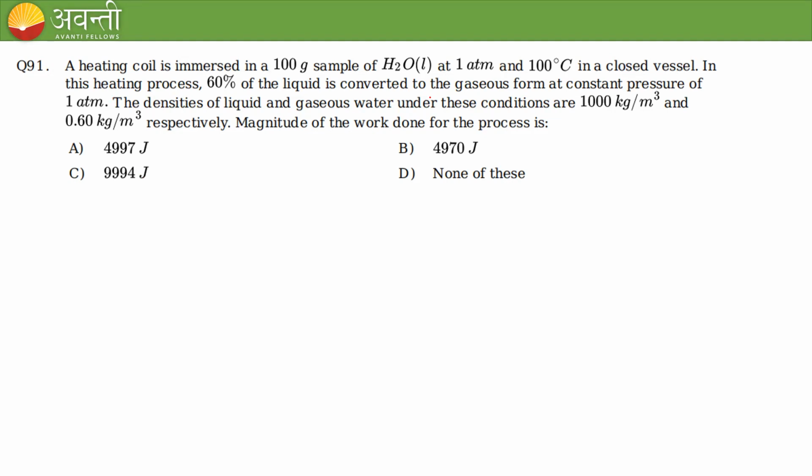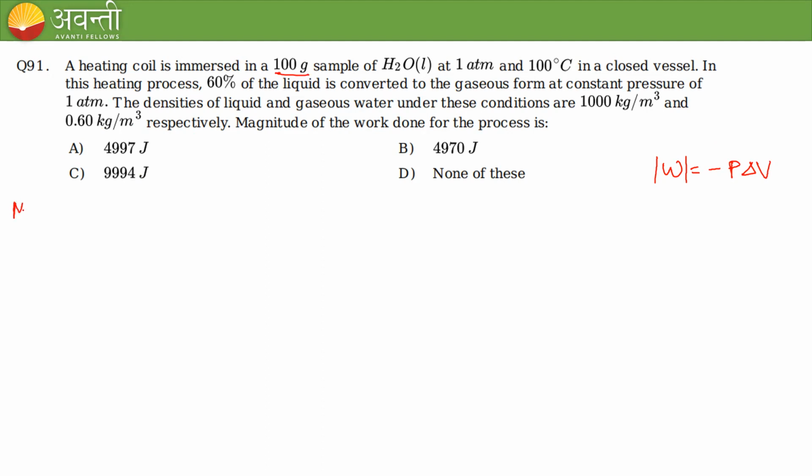To find out the magnitude of the work done, it is minus P delta V. So we need to find out the change in volume. From the given data, the mass of water in the liquid state is equal to 100 gram.